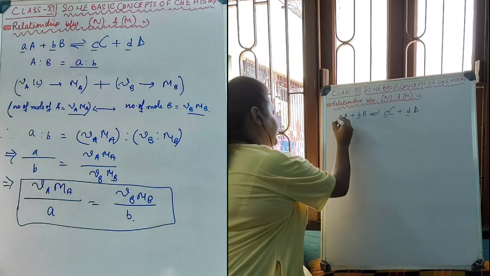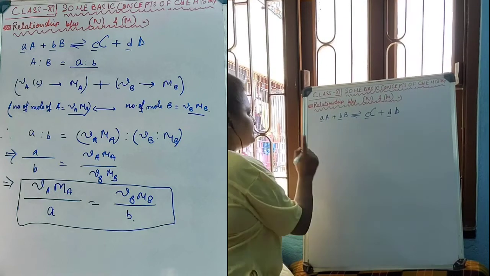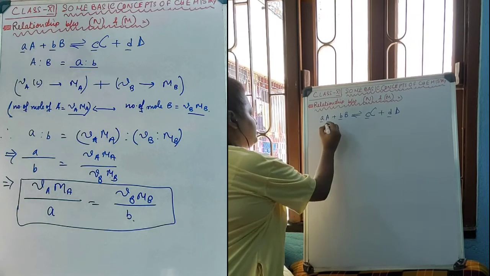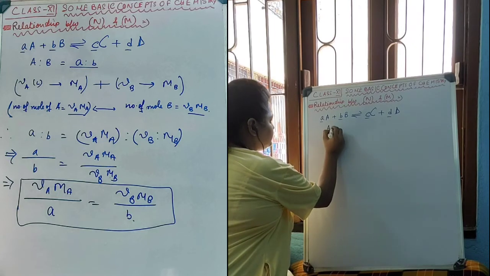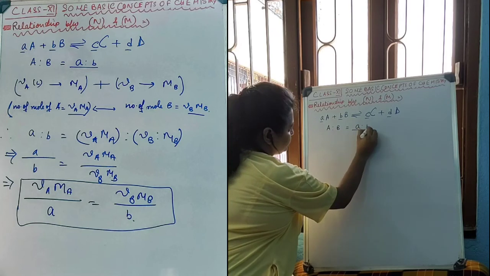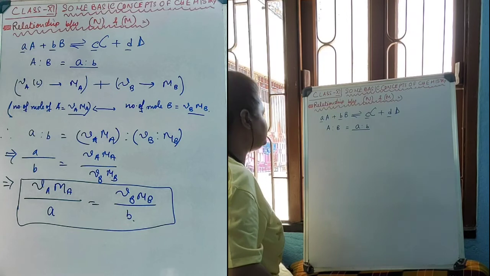We know that the reaction of A and B cannot happen arbitrarily. They always happen in a certain ratio, a mole number ratio. Therefore, the mole number ratio with which A and B will react is a is to b. This is the mole number ratio with which A and B will react with each other.